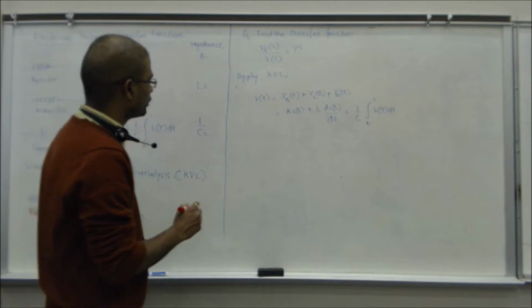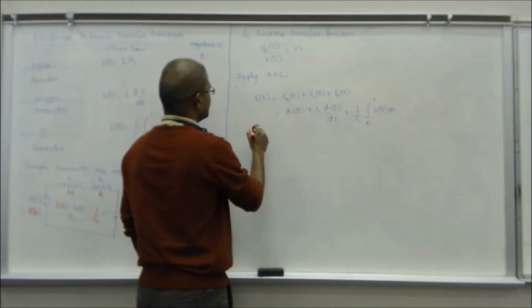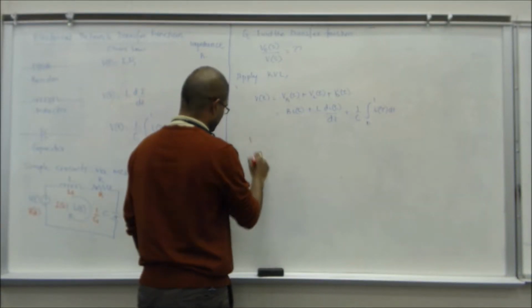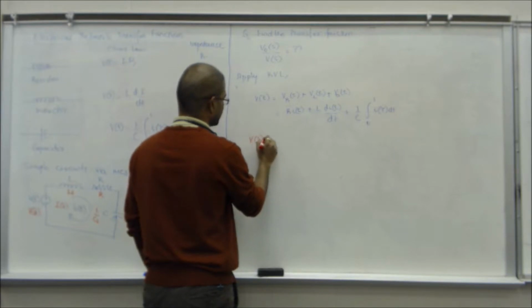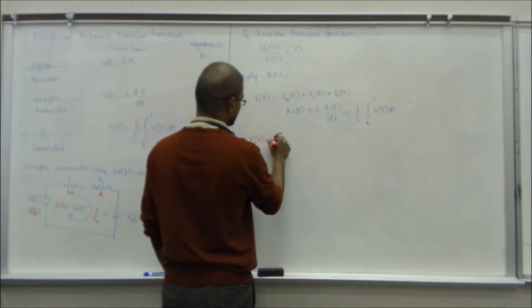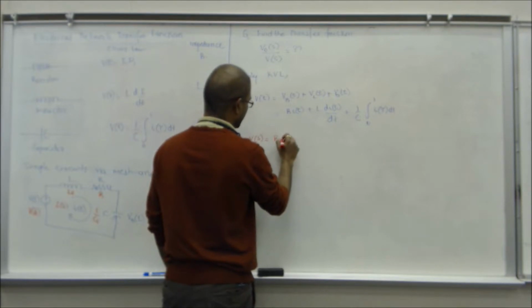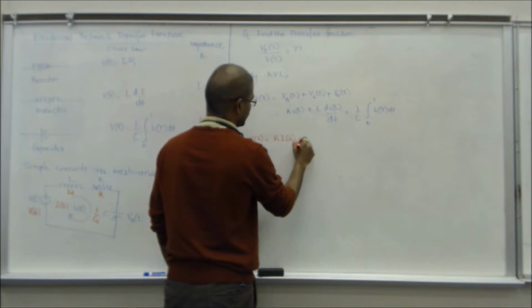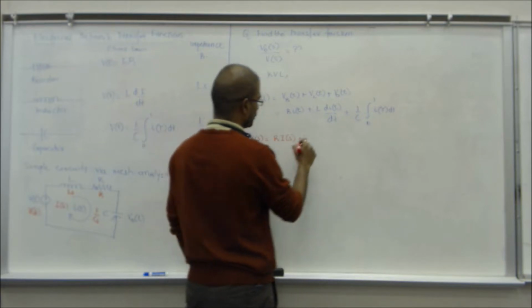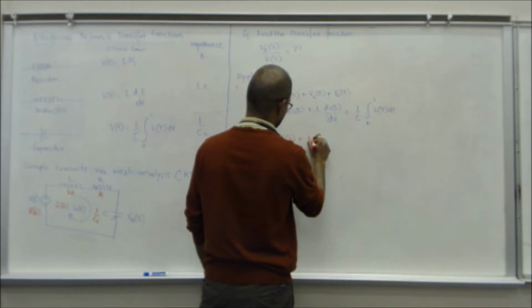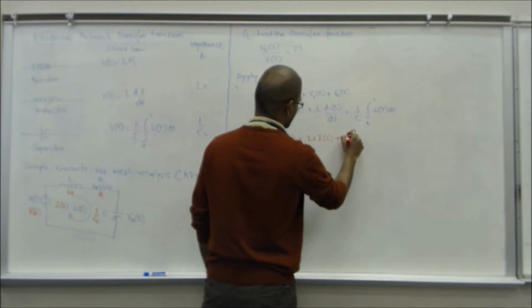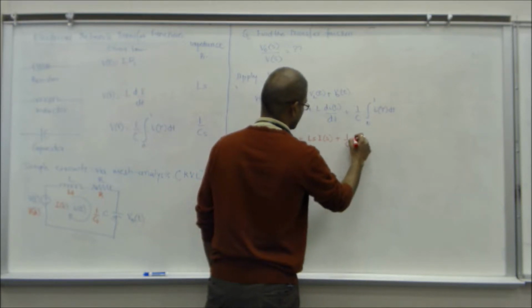So if you just do this again, you have V(s) equal to LS into I(s) plus 1 over CS into I(s) plus R into I(s).